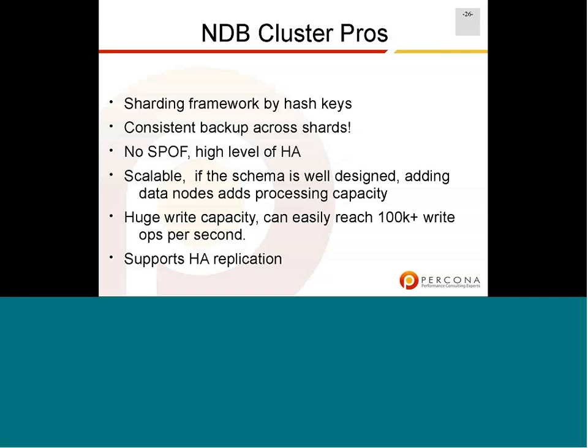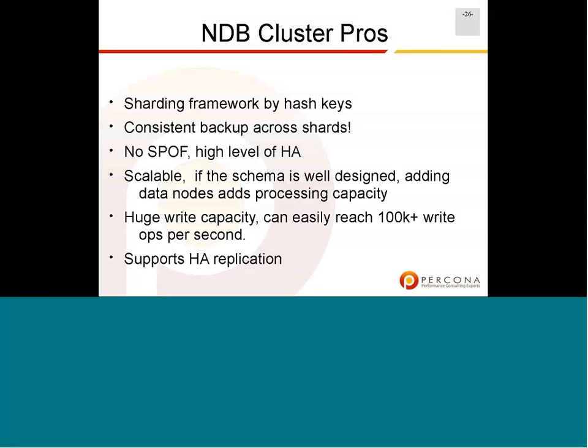It's a sharding framework that supports transactions, that is HA, of course, high performance, and has consistent backups. That's something that, when you start sharding, you don't necessarily think about, but to have a consistent point-in-time backup is something very valuable, and NDB cluster offers that.